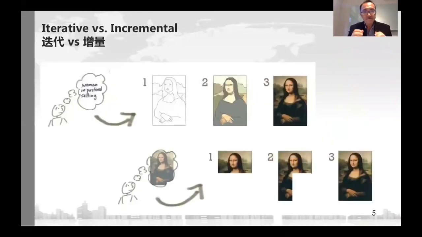So iterative versus incremental. The picture on the top is what we call iterative. So version 1, what we want to do is to have a sketch of the final product. So we use some pencil, some color pencils, just to have a rough sketch, just to be sure that this is the general direction that we are heading towards.